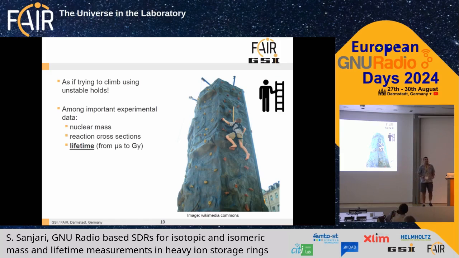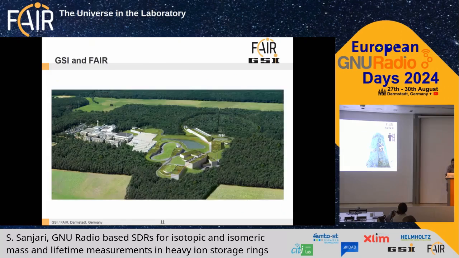So if you want to create gold, you need a certain energetic path through the isotopic configuration that lets you traverse that line of energy, and do it at the right time. That's why, apart from the nuclear mass and the reaction cross-sections, the lifetime of the isotopes is very important for us. And that's what we want to do with GNU Radio at GSI.